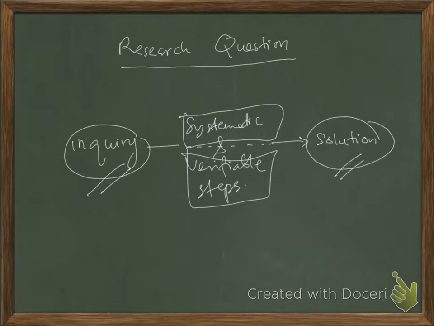So basically, these research questions can be identified based on three major constructs. The first construct is who. The second construct is what.